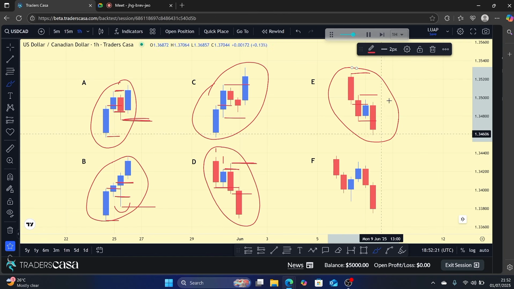In this scenario, this is an invalid pullback, and this candle is what we call the inside bar, and we usually ignore this candle in identification of pullbacks, order blocks, and order flows. Alright, so onto scenario F now.